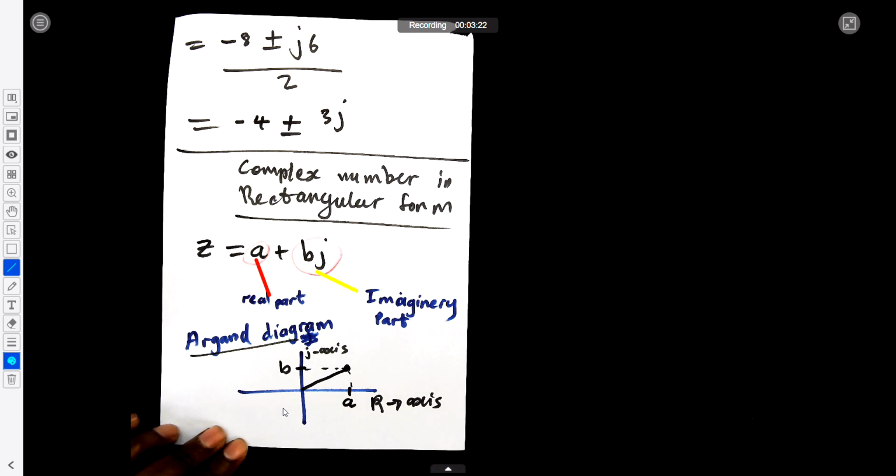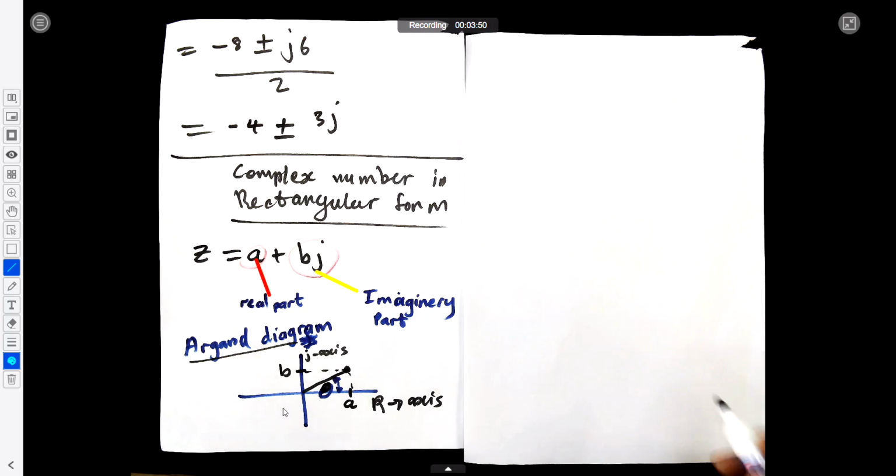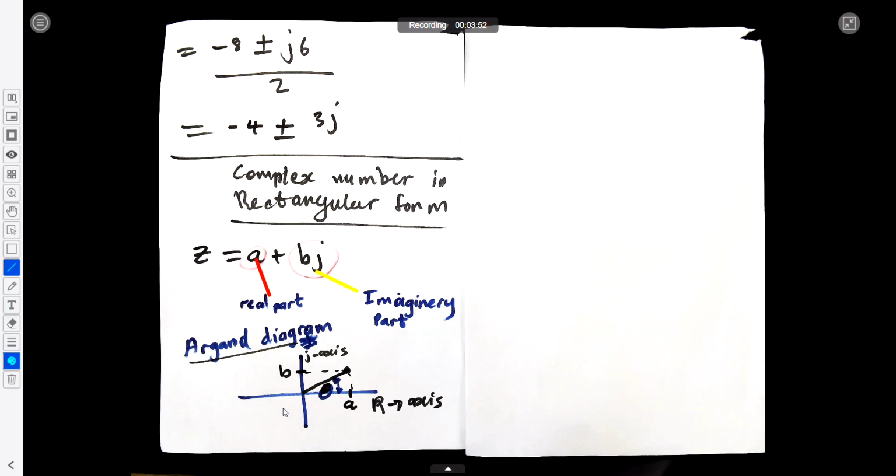Therefore, here we'll have angle theta formed. So we always know that we'll plot in this type of Argand diagram. When they say plot the complex number, we'll plot it that way.